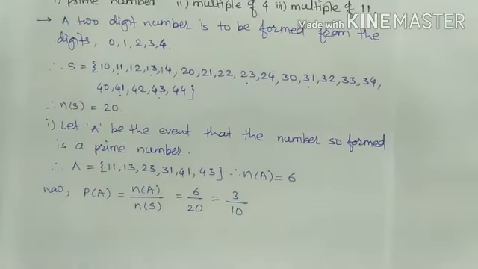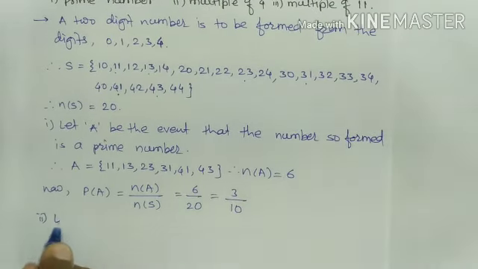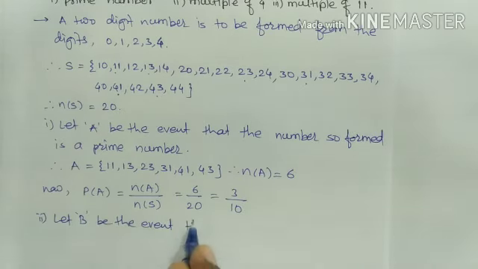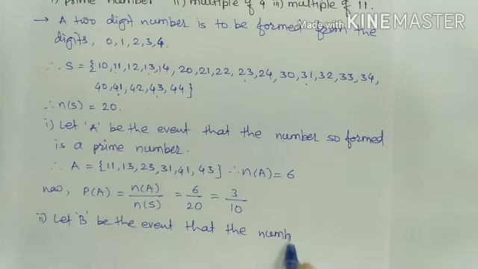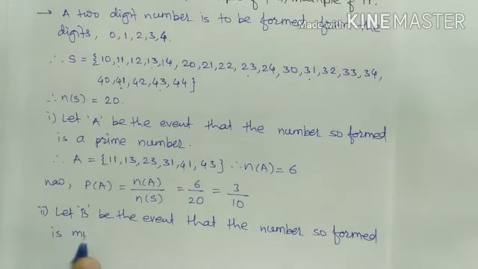Now, the other event is that the number so formed is a multiple of 4. Here we take the letter B for it. Let B be the event that the number so formed is a multiple of 4.